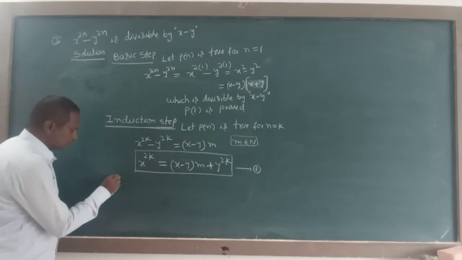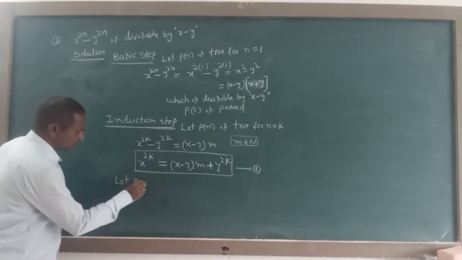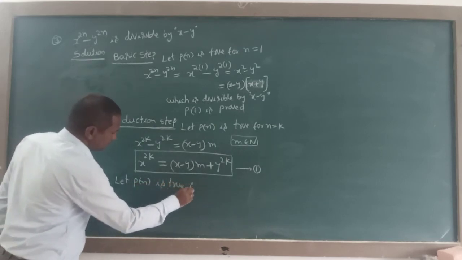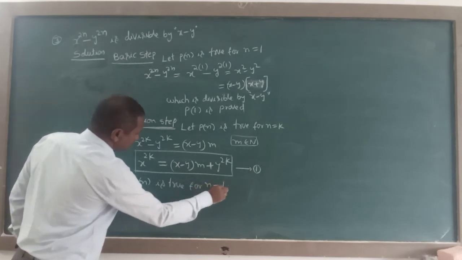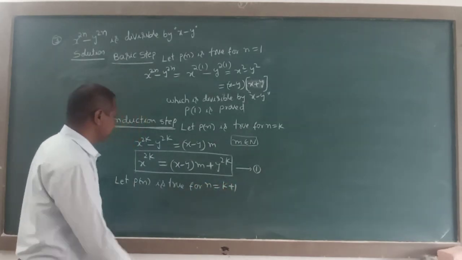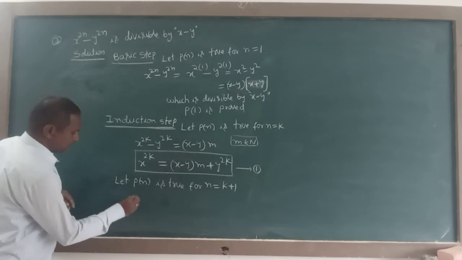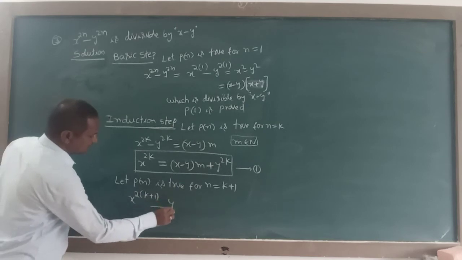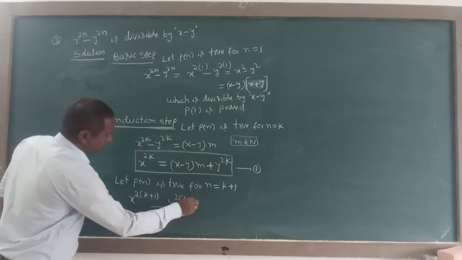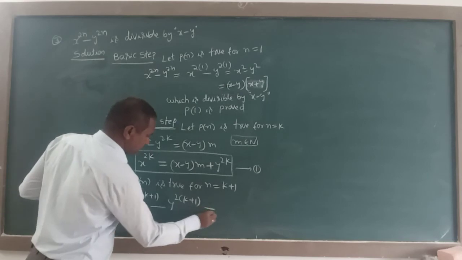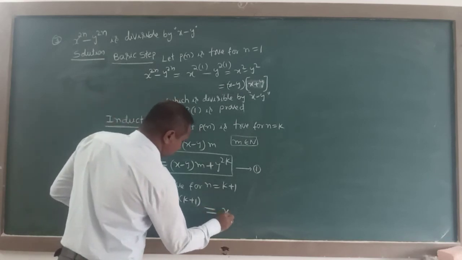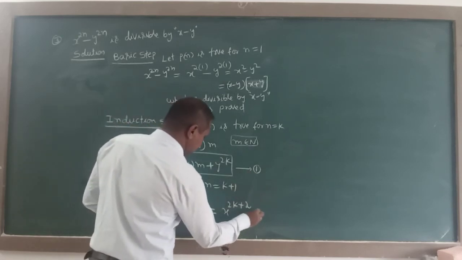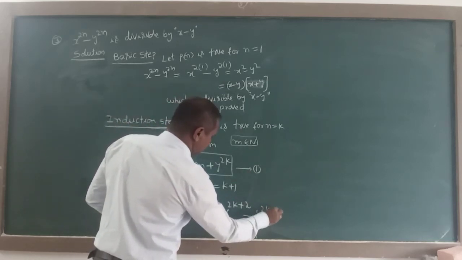Now let P of n be true for n is equal to k plus 1. That is, x to the power of 2 into k plus 1 minus y to the power of 2 into k plus 1 is equal to x to the power of 2k plus 2 minus y to the power of 2k plus 2.